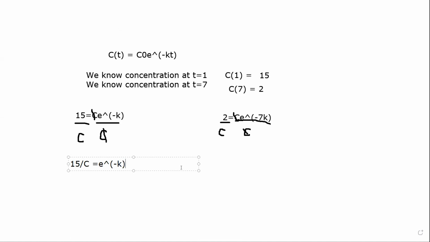And then I'm gonna say that 2 over C is equal to e to the power of negative 7k.